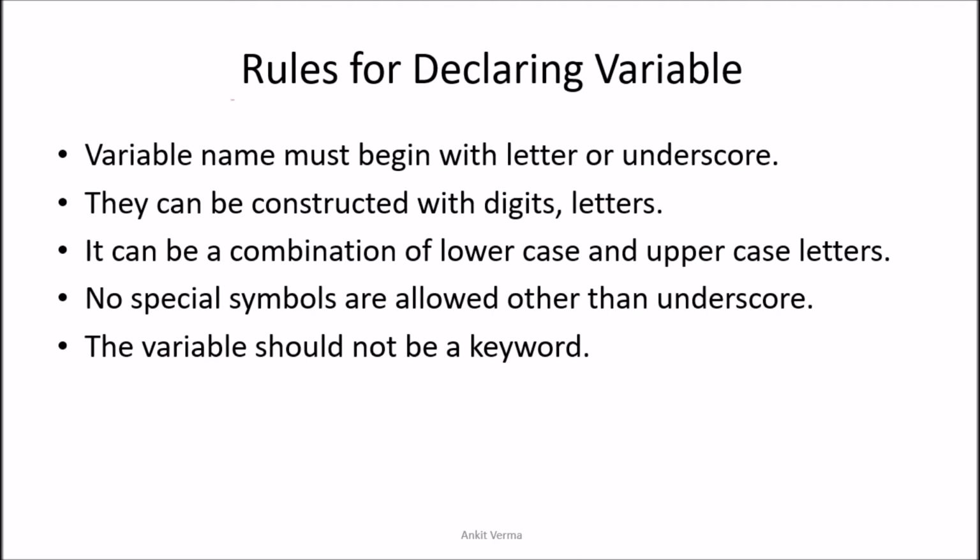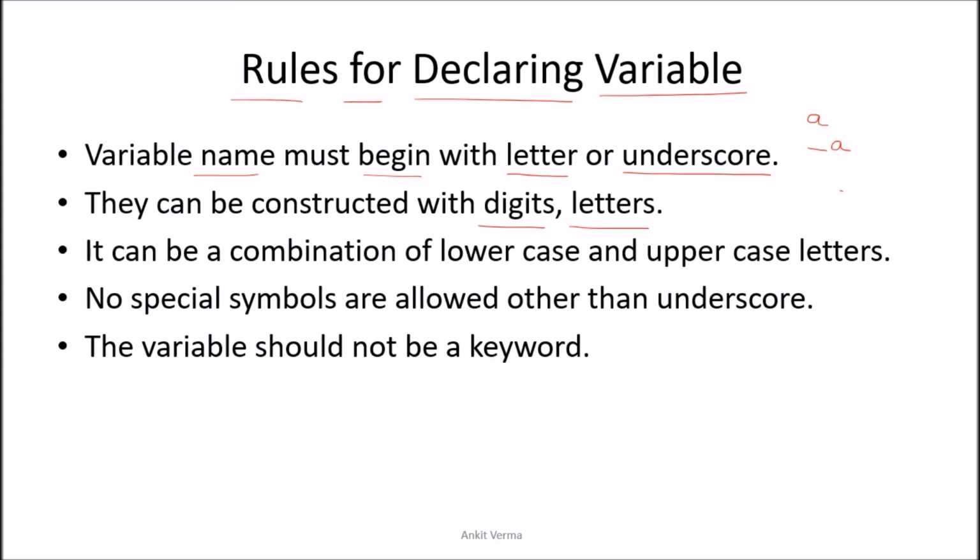So now we are learning the rules for declaring a variable. The variable name must begin with a letter or underscore. That means it should start with a or underscore a or something, otherwise that is not a proper variable. They can be constructed with digits and letters.